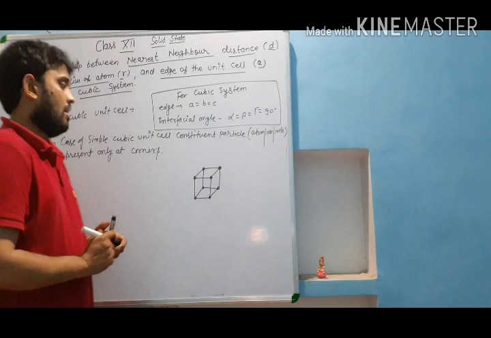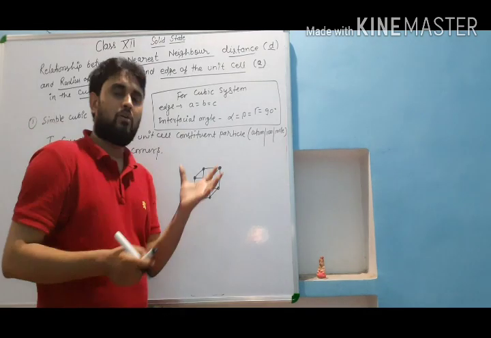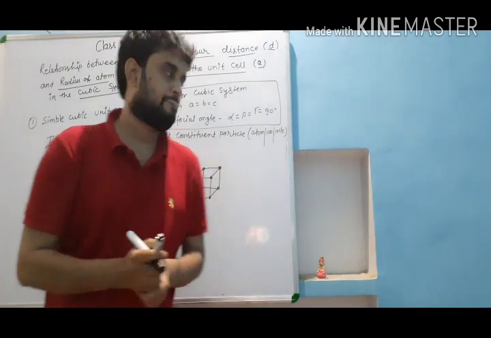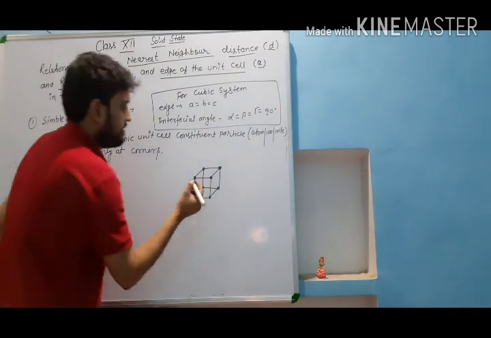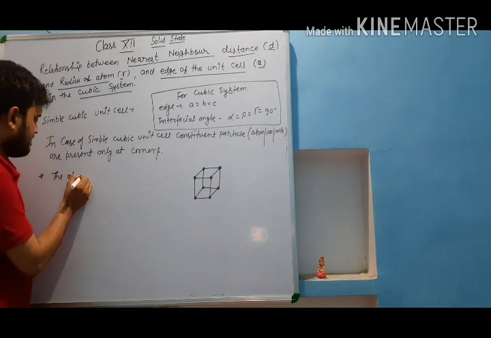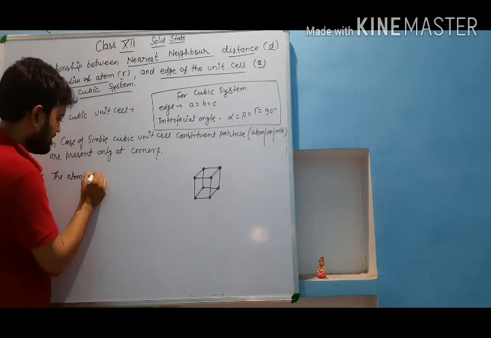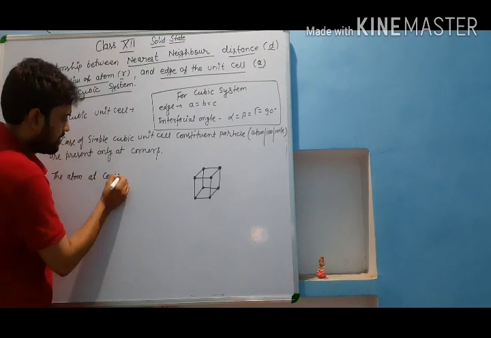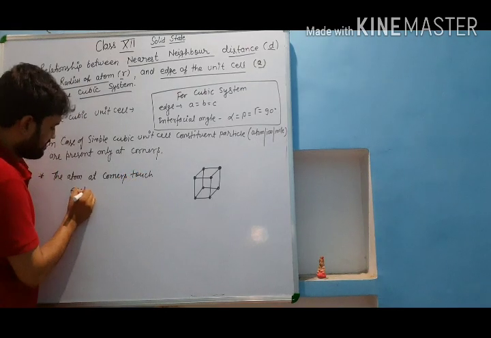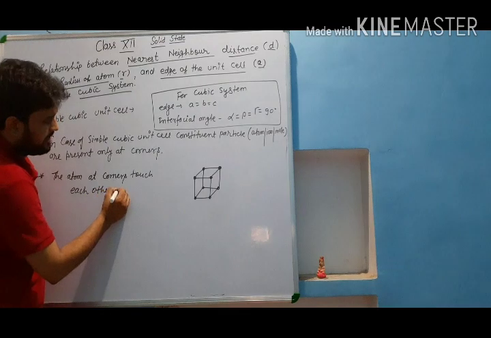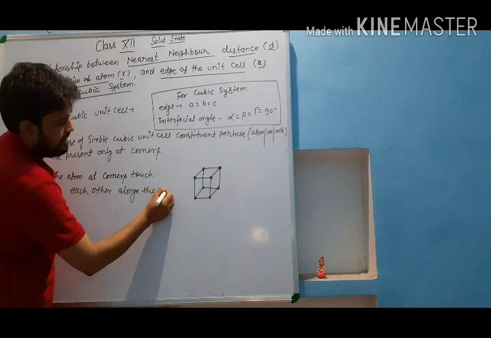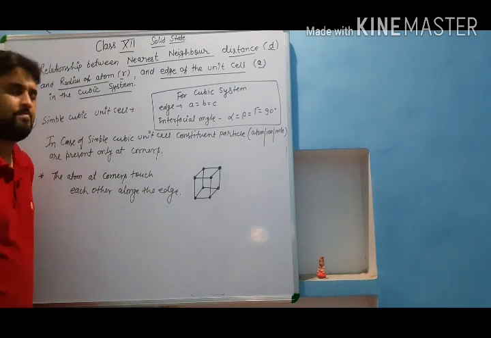Now we discuss the relationship between d, a and r. We can say that the atoms at corners touch each other along the edges.